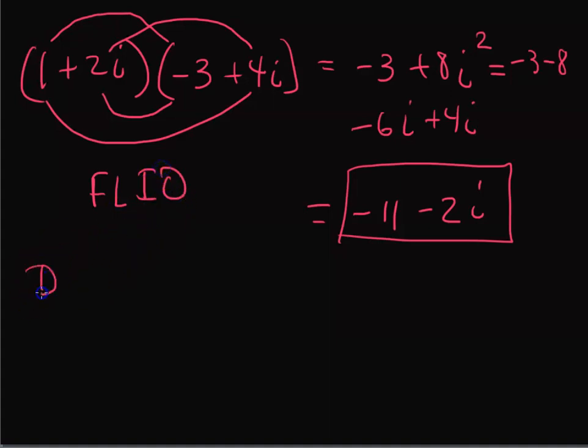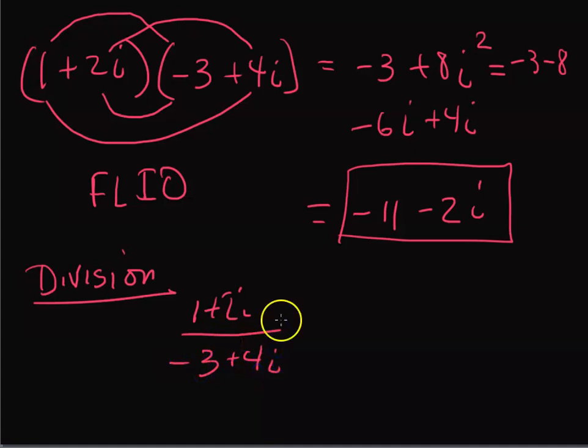What about division? Division is interesting because you never divide. So if you take 1 plus 2i and negative 3 plus 4i, and you want to divide that, what do you do? You don't divide, you multiply.